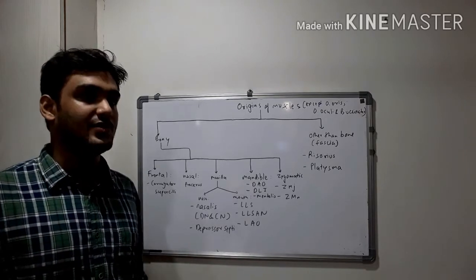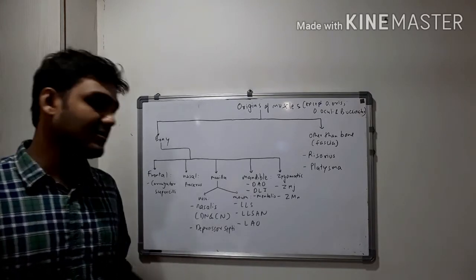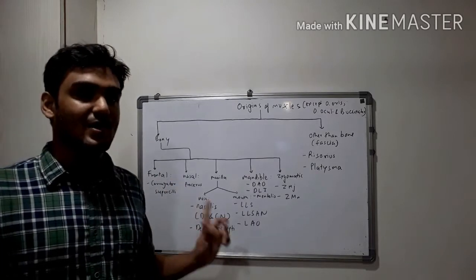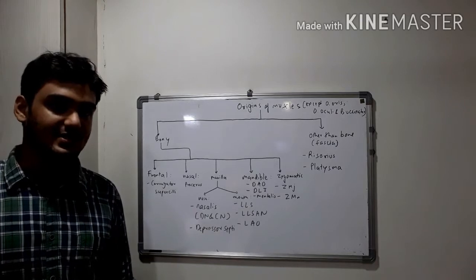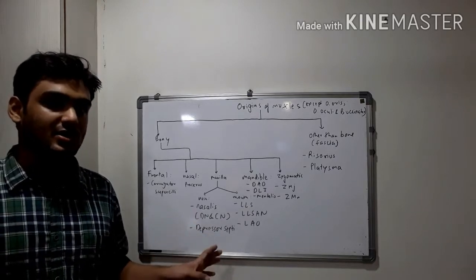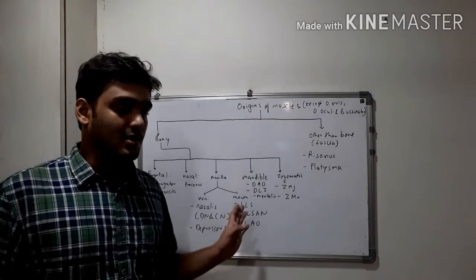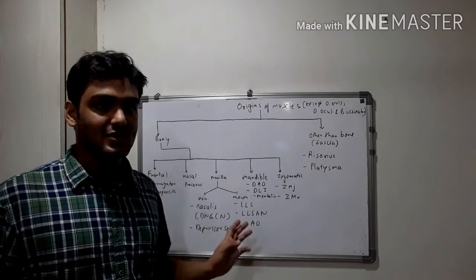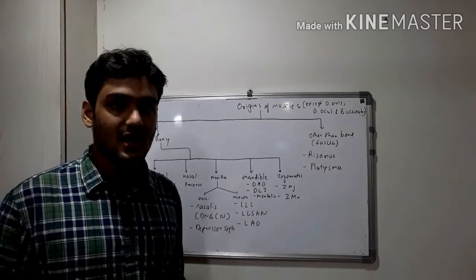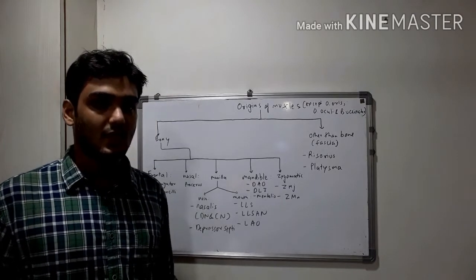So the muscles of nose which arise from maxilla are the nasalis, which comprises compressor nares and dilator nares, and the depressor septi. So these 3 muscles arise from the maxilla, the muscles of nose, and the muscles around the mouth originating from the maxilla are the levators, that is the levator labii superioris, alaeque nasi, and levator anguli oris.